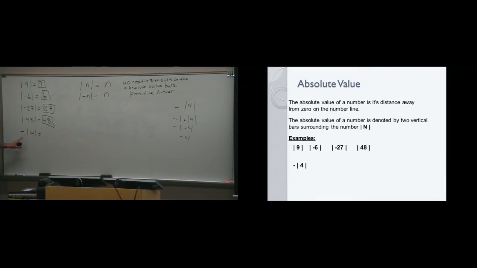The opposite of 4 is negative 4. Okay? And that is always true if there's a negative sign on the outside. I say, well, what's the absolute value of negative 18? That's 18. But then since there's a negative sign on the outside, I have to say, what's the opposite of 18? Negative 18.